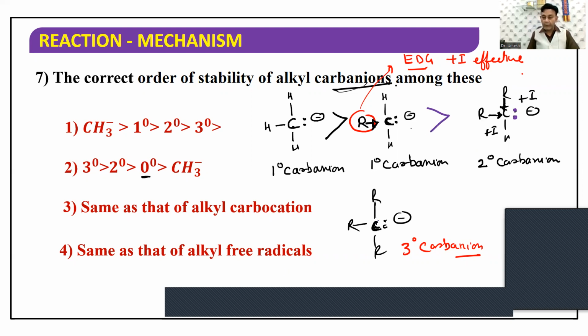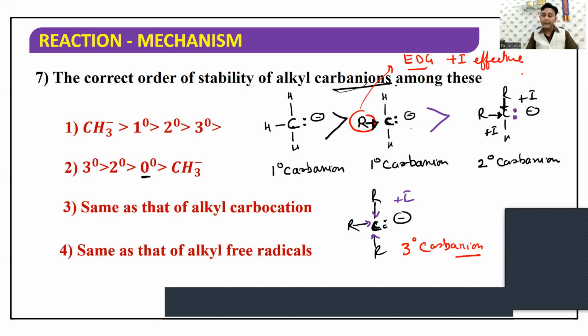Now I'm talking about the last one. The more the plus I effect, the more, three-sided plus I effect you can see. The inductive effect from the three sides, electron donating groups from the three sides, is going to intensify the negative charge maximum as compared to the primary or secondary. Here it is maximum plus I effect, maximum charge.